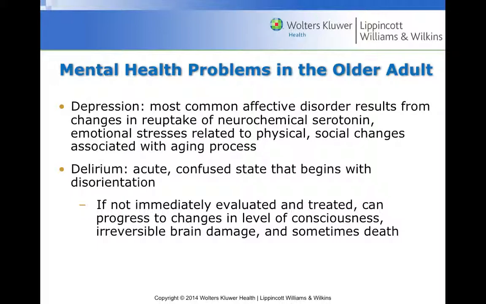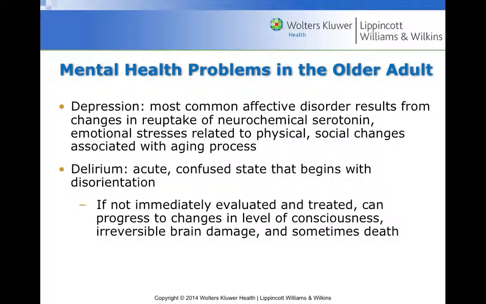Changes in cognitive ability, excessive forgetfulness, and mood swings are not a part of normal aging. Changes in mental status may be related to many factors such as alterations in diet and fluid and electrolyte balance, fever, or low oxygen levels associated with many cardiovascular and pulmonary diseases.